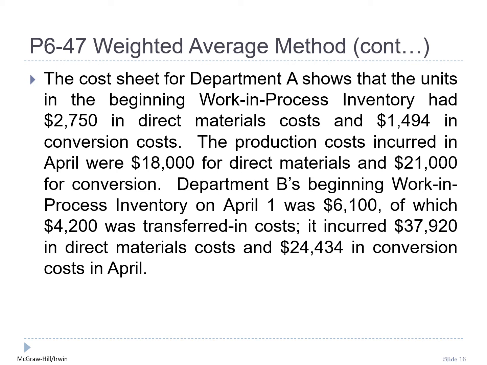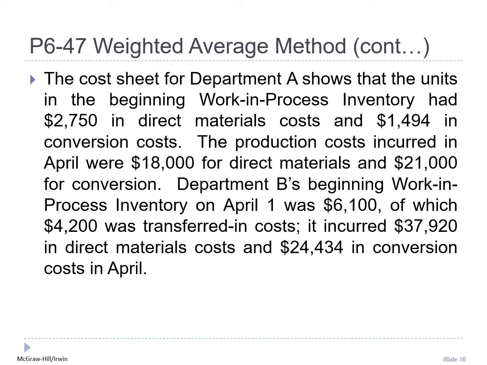So meaning, incurred mo yan last March. Kasi naka-forward yung beginning inventory in April, hindi pa siya 100% complete. So nagkaroon ka ngayon ng additional cost. So yung additional cost mo for April, is 18,000 for direct materials and 21,000 for conversion costs.